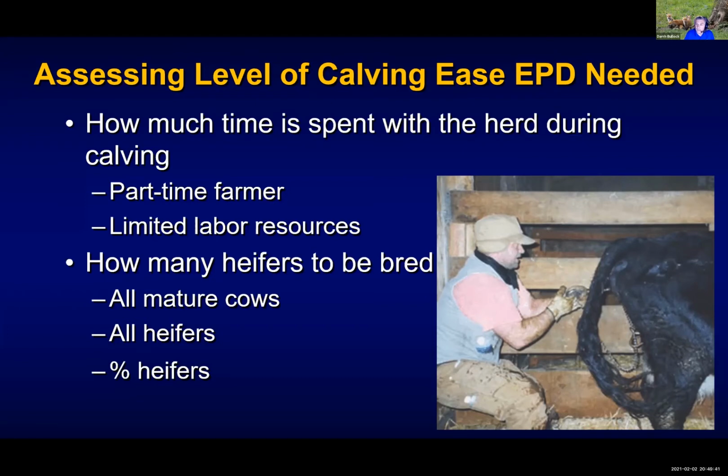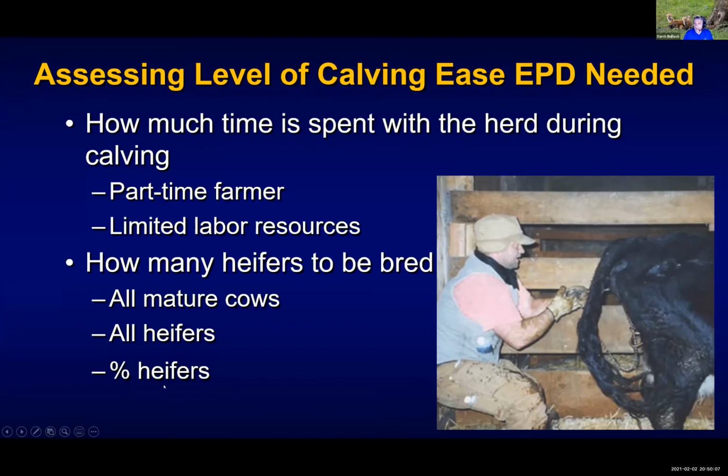Now you can't do anything about those malpresentations, so don't go off the deep end here. Get enough calving ease in the bull so that you don't have to pull calves. But if you get it too high, you often have to give up a lot of growth or other performance characteristics.